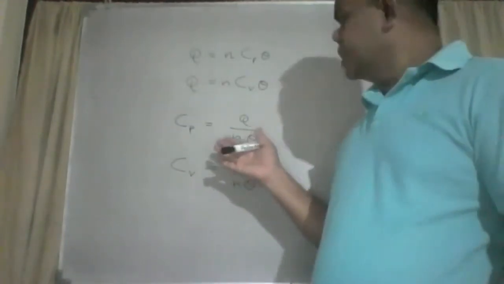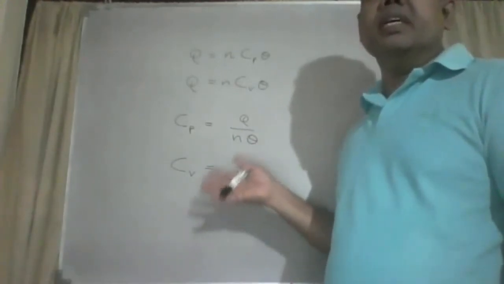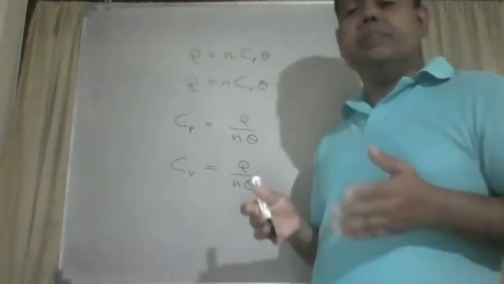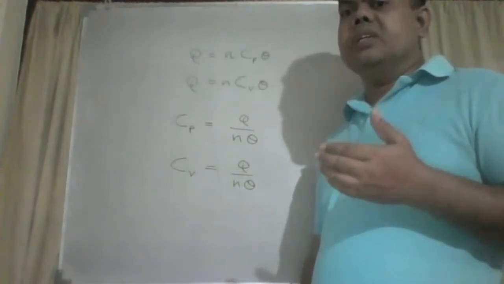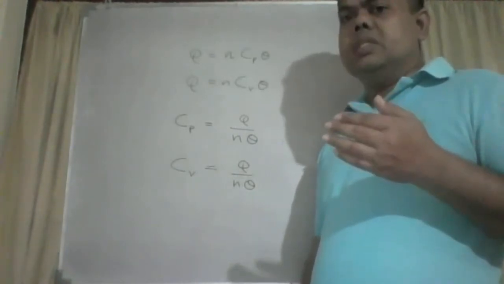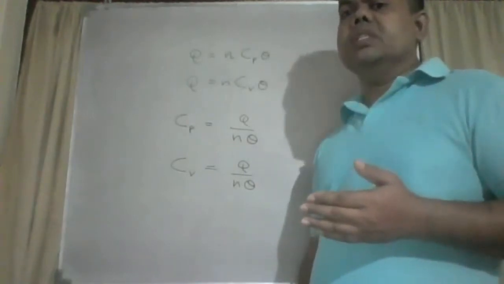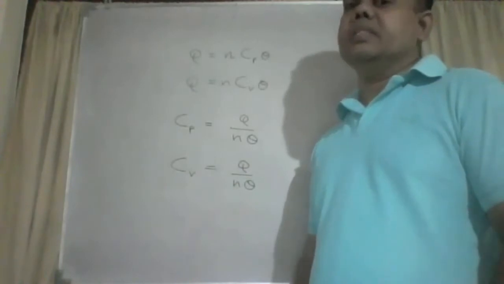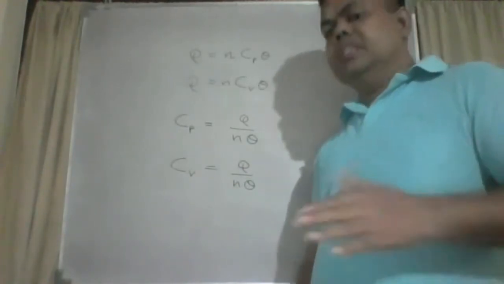Cp can be written as Q over n theta and Cv also can be written as Q over n theta. Cp can be defined as the amount of heat required to change the temperature by unit of a single mole of gas under constant pressure.